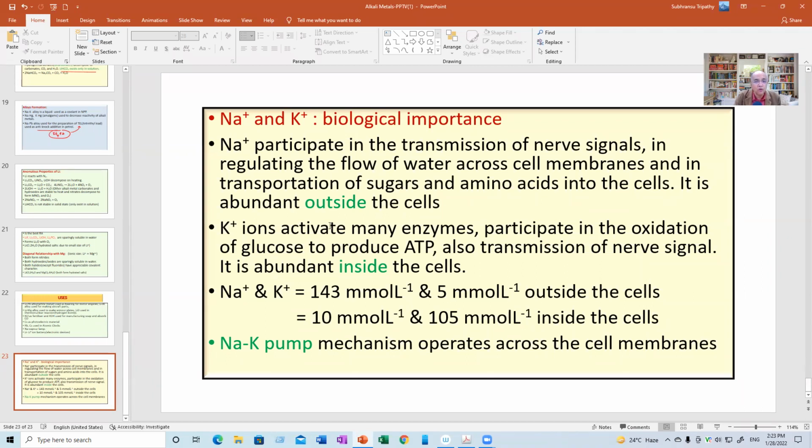It is abundant outside the cells. On the other hand, potassium ion is abundant inside the cells, and it activates many enzymes inside the cell, participates in oxidation of glucose to produce ATP, and also along with sodium, it takes part in the transmission of nerve signals. It is abundant inside cell.